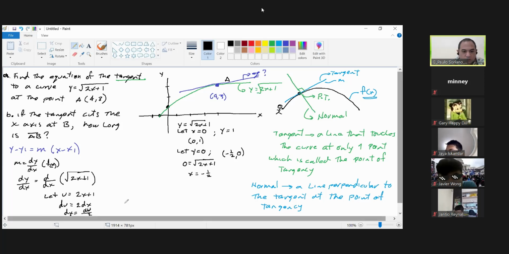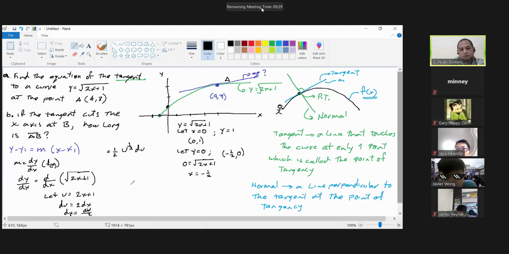Yes. dx is du over 2. So finishing it up, substituting, that will now give us 1/2 u raised to 1/2 du.